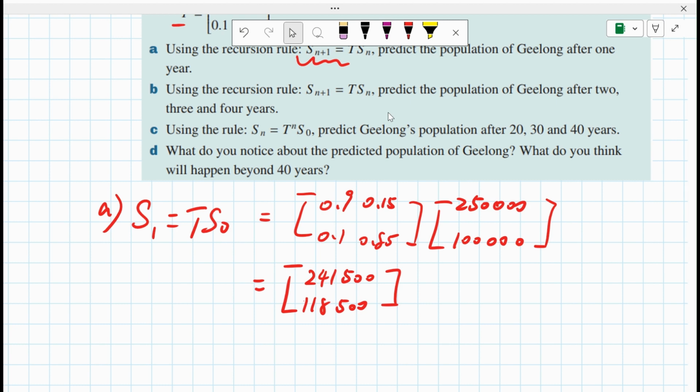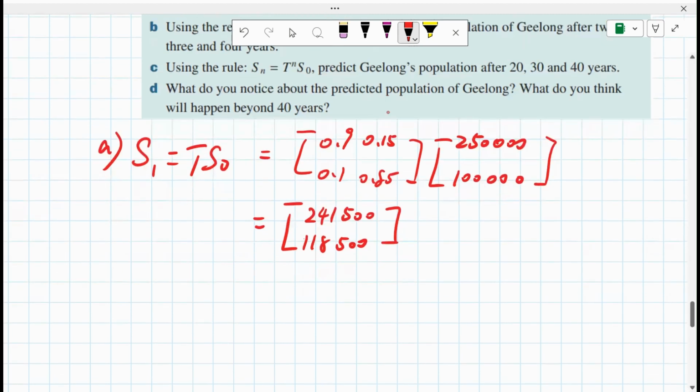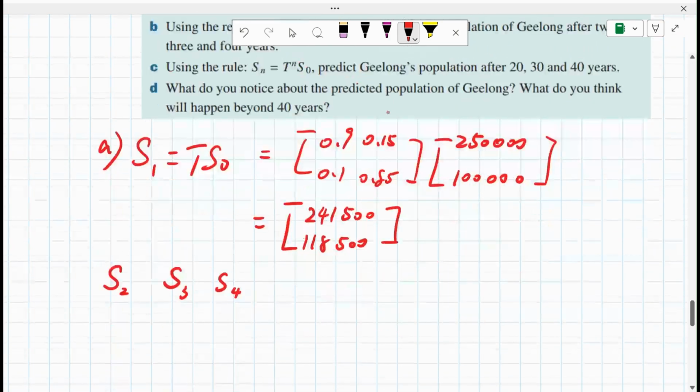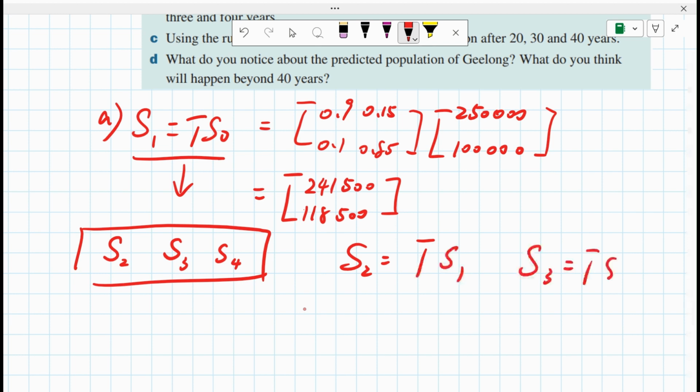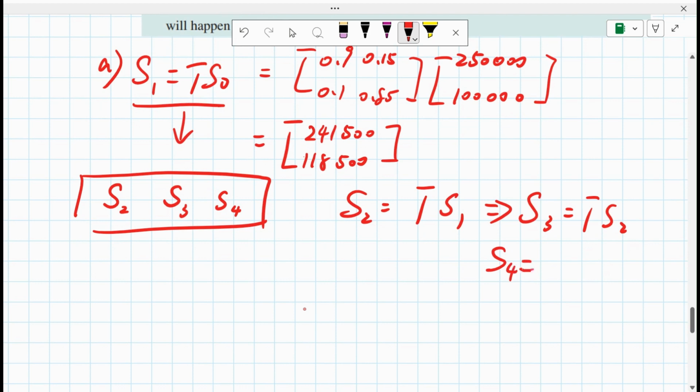So the populations after 2, 3, and 4 years. For this one we can use the same rule again. We keep going: S2 equals T S1, S3 equals T S2, and we continue until S4 equals T S3.